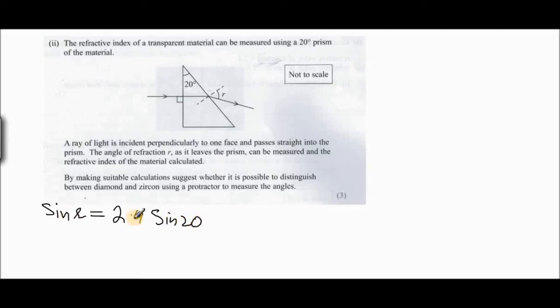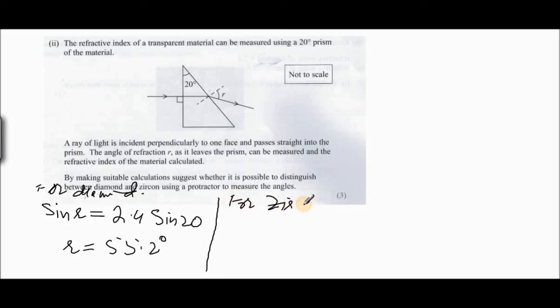And if you rearrange for R, then R for diamond would be 55.2 degrees.